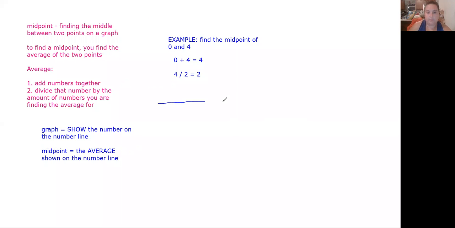So the next step is to graph our midpoint.